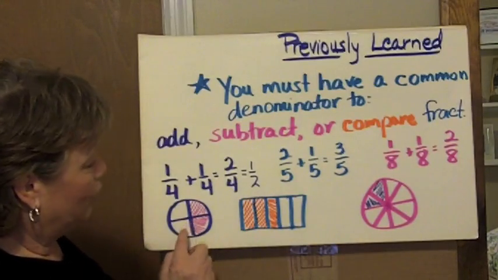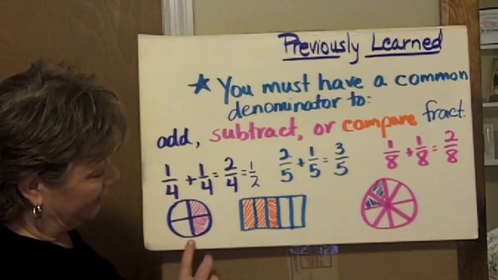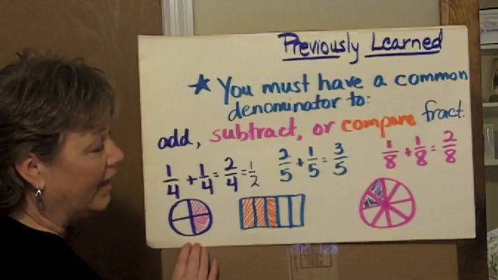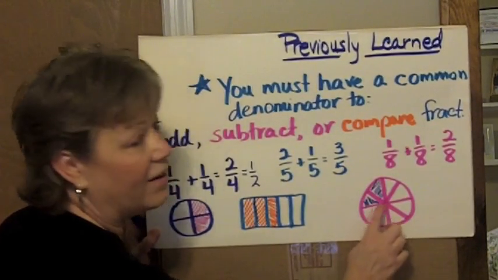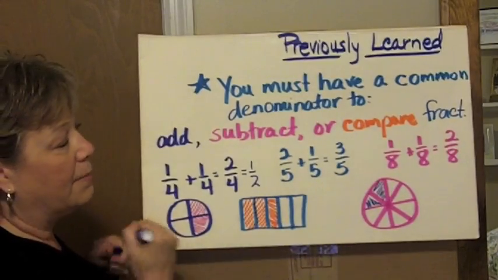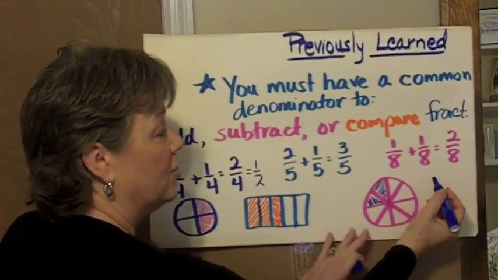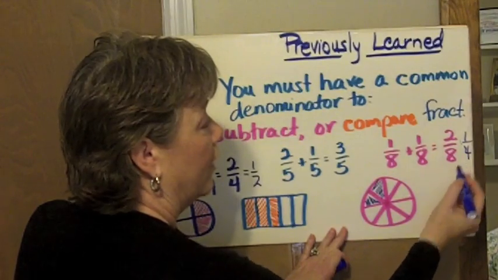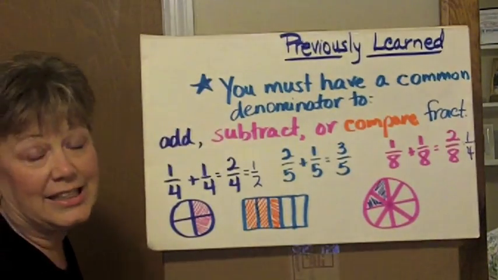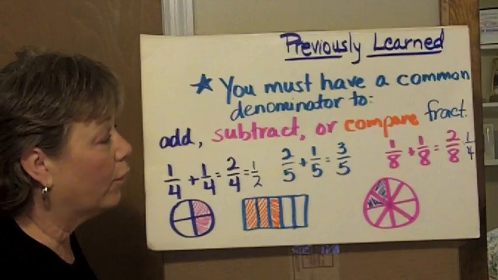Now, just like this one, where I could clearly see that this is 1/2, I can also see right here that this is clearly 1/4 of the pie. So I could change this answer into 1/4. That means that 2/8 is the same thing as 1/4.